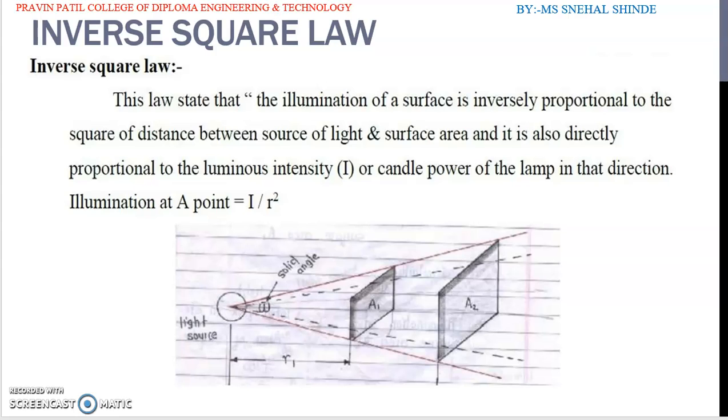If the sphere is replaced by one of larger radius, the same total amount of light is spread over a larger area proportional to the square of the radius.